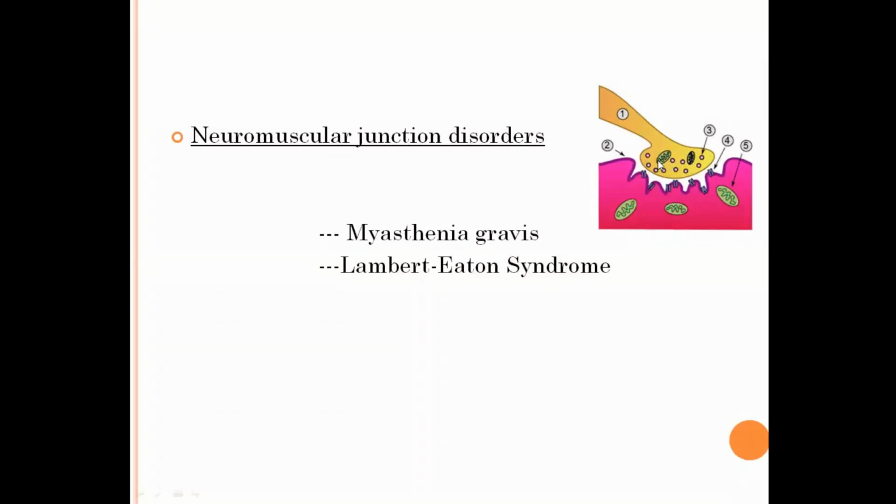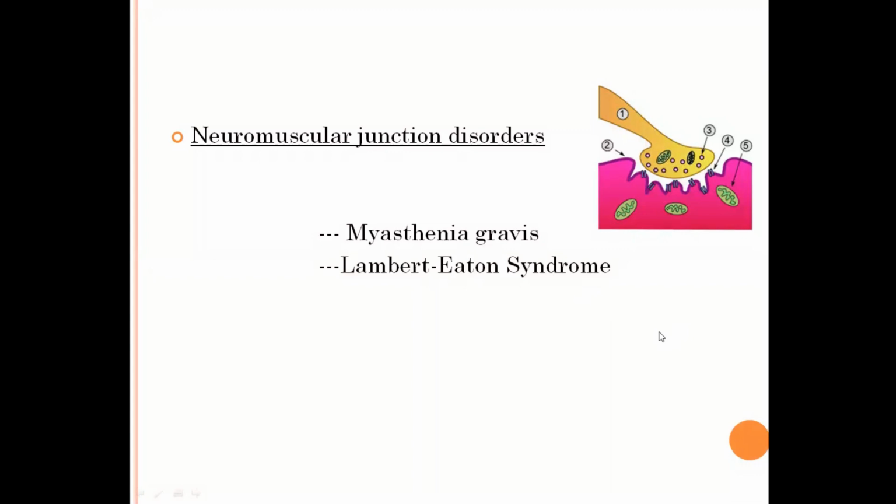So the disorder of the terminal part of the motor nerve, where acetylcholine is not produced sufficiently, happens in Lambert-Eaton syndrome. Acetylcholine is sufficient, but the receiving part of it, the AChR, is not amenable for the excitation. So that is myasthenia gravis.